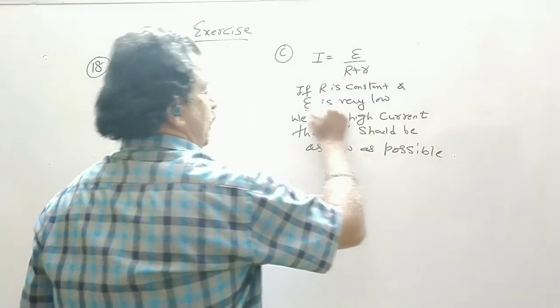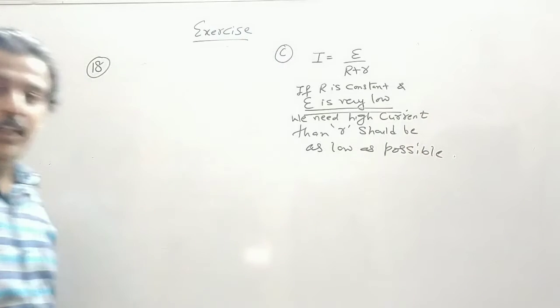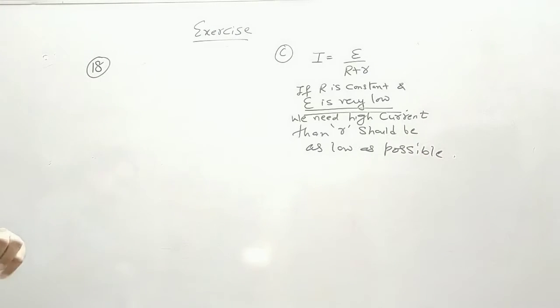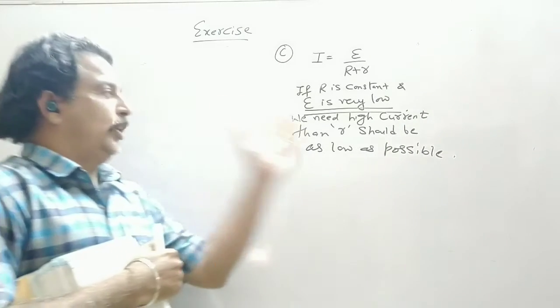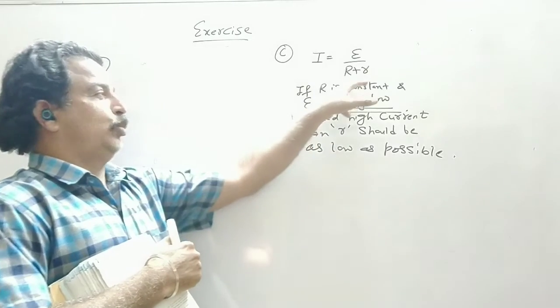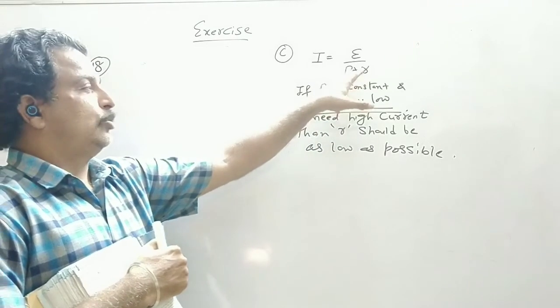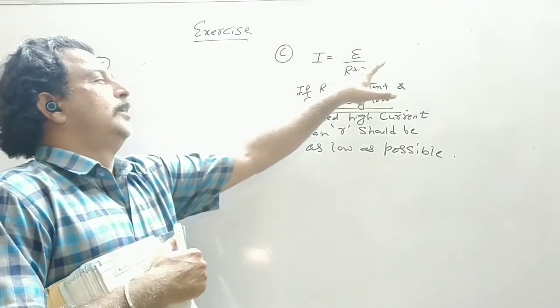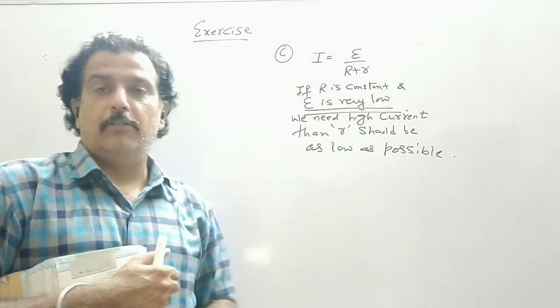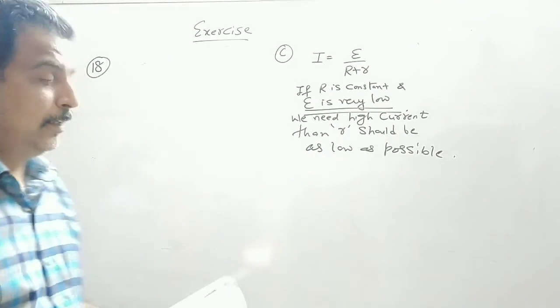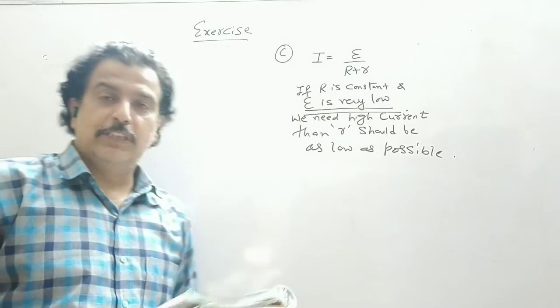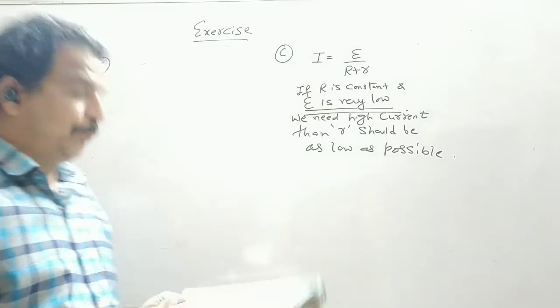So if the EMF of a cell is very low and you need a large current, the only possibility is that the cell should have internal resistance almost zero or as low as possible.